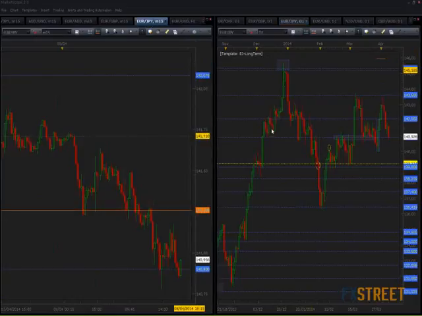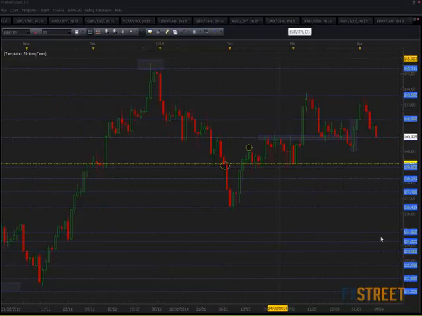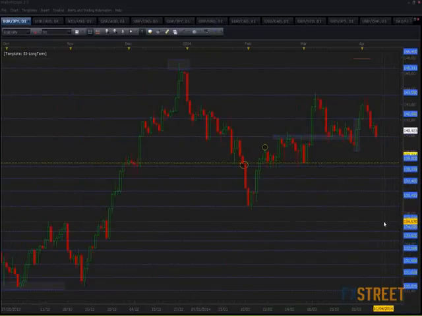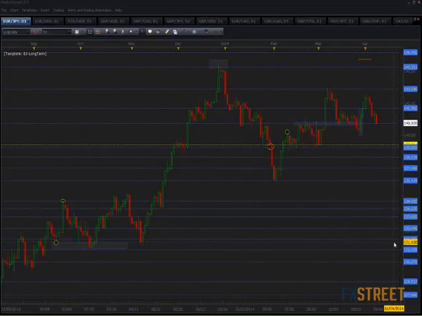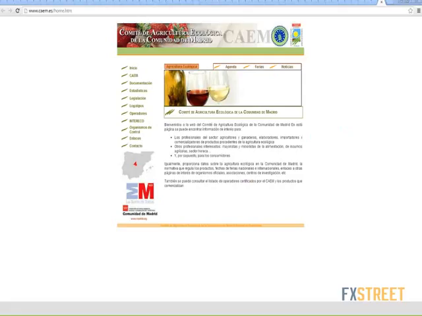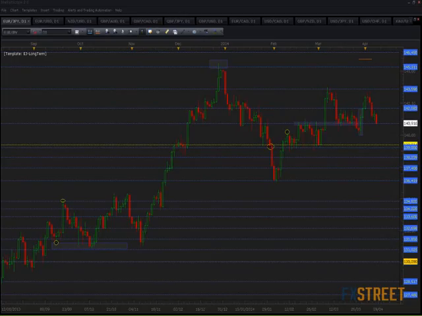Let's look at euro yen daily. The yen today is very strong. We have a very interesting day today. This morning the Bank of Japan governor, what is the name, Okuda or Kuroda? It's Kuroda.